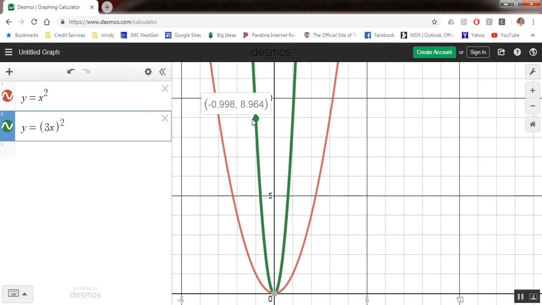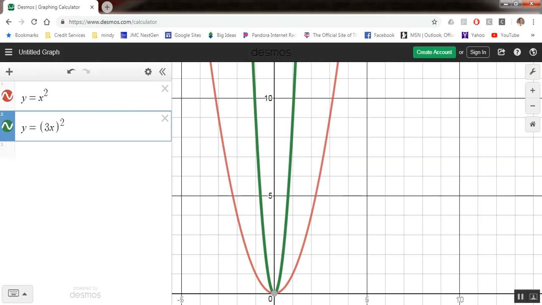So did that shrink by a factor of 3? Horizontal shrink means it's getting closer to the y-axis. If this was at negative 3, it should shrink by a factor of 1/3 to negative 1, right? You guys okay with that?